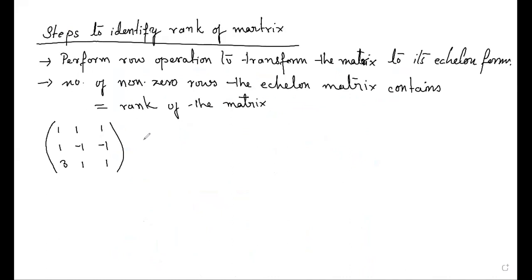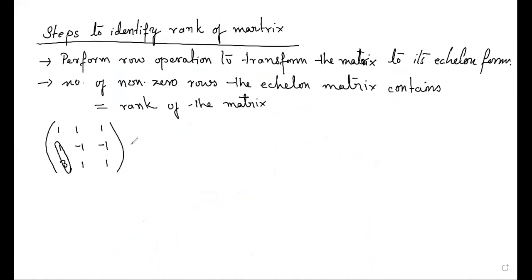Now see how I can give the row operations over here. While doing the row operations, you need to keep in mind that echelon matrix means as we move down the rows, the number of zeros preceding the first non-zero element will be increasing. That means at first, our target is to make these elements zero. The very first element of the second row onwards should be zero.